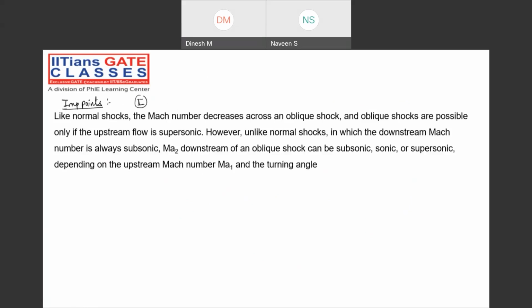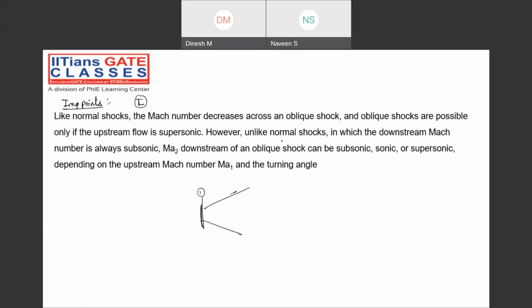Statement number 1 is saying that shock will always be produced when the upstream flow is what? Supersonic. Understanding my point or not? The shock can only happen when the flow is what? Supersonic. When the flow is subsonic, what can never occur? Shock wave. For both oblique shock and normal shock, the flow has to be supersonic at the upstream end, at the first section.